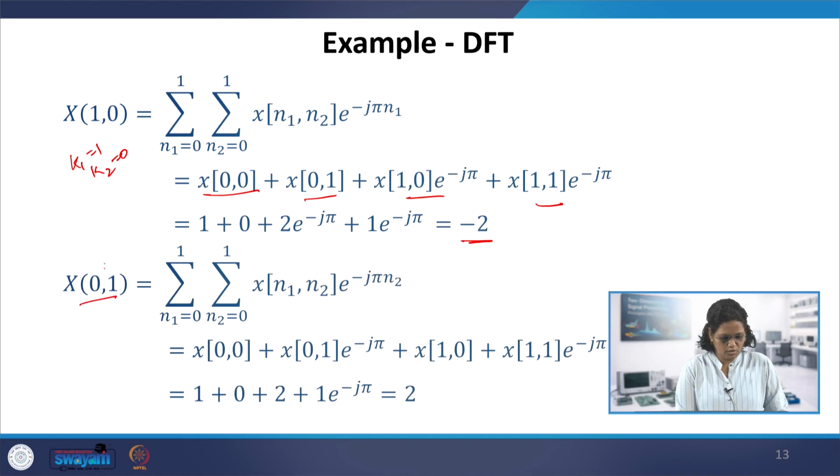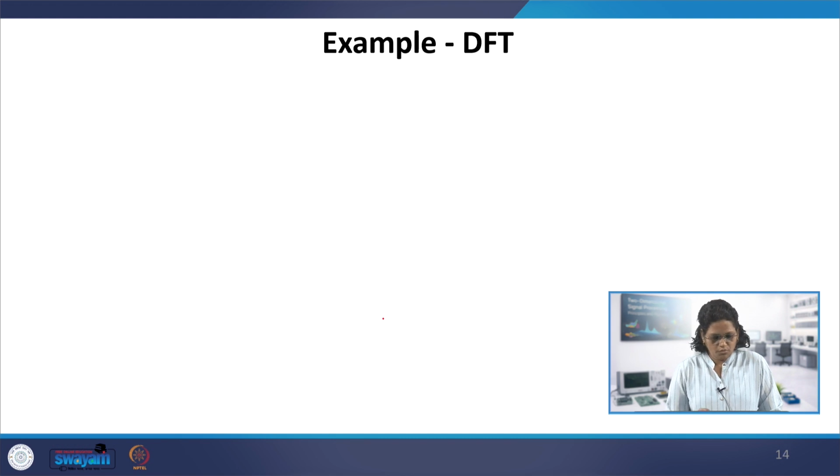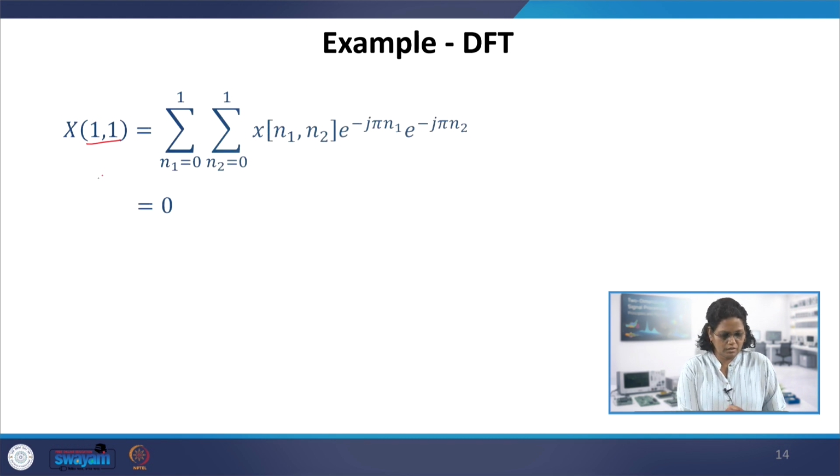And similarly for 0 1, k1 equal to 0 and k2 equal to 1, getting this equation and the value of 2. So substituting here, and then 1 1. So both vary, k1 equal to 1 and k2 equal to 1. This is not one bin index, we have the two bin indices k1 and k2. Okay. So both of them are varying from 0 to 1. So in this case 1 1 we get the value as 0.